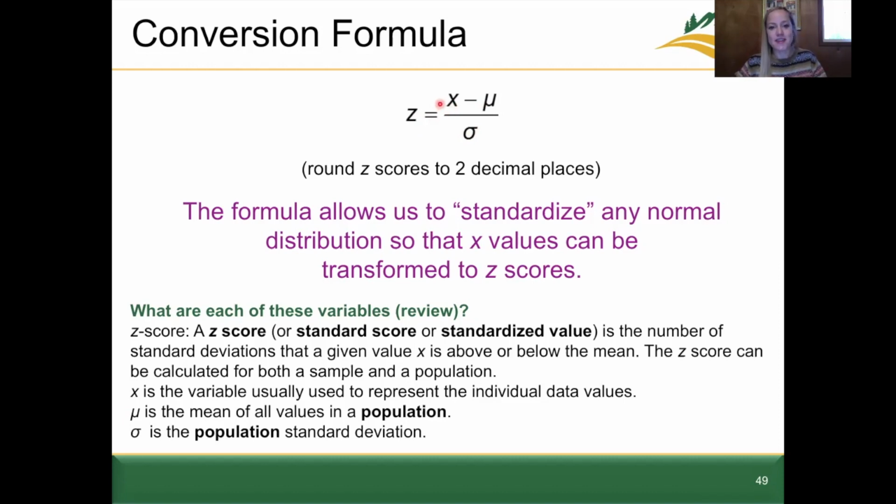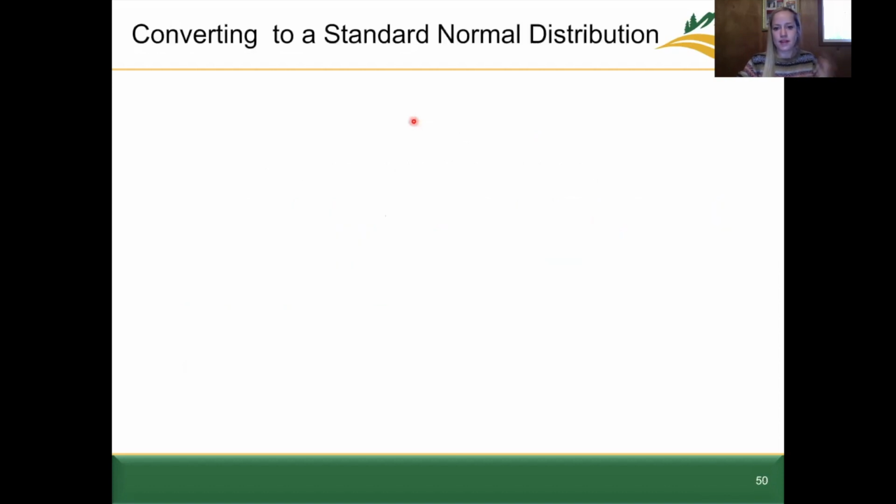When we don't have a standard normal distribution and we have some other value for the mean and some other value for sigma or the standard deviation, then we can use this formula to convert our x, mean, and standard deviation value into a z-score. Let's picture this now.